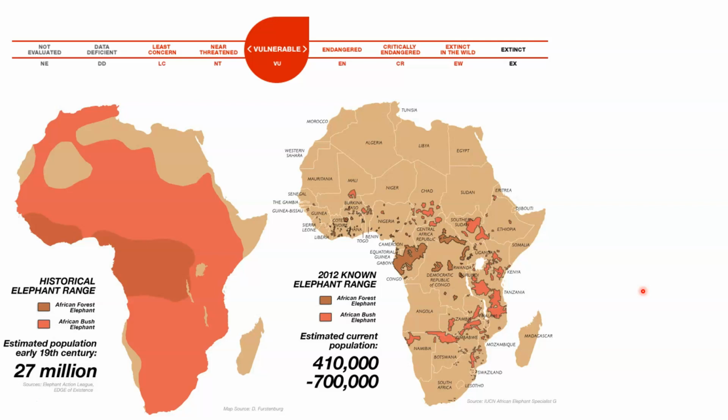Largely the populations currently occur in many countries: Democratic Republic of Congo, Central African Republic, Rwanda, Congo, Equatorial Guinea, Cameroon to a certain extent. That's the forest elephants.